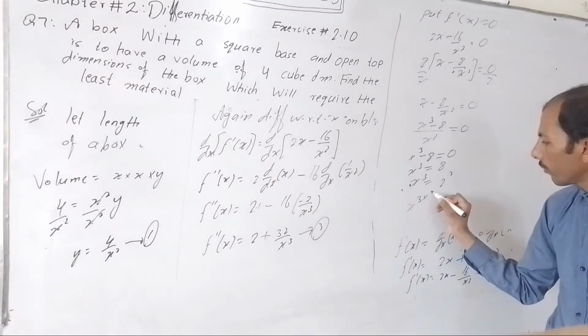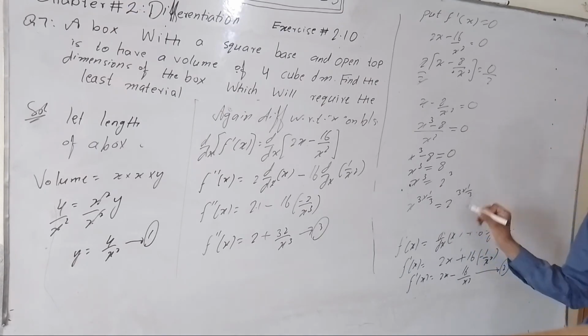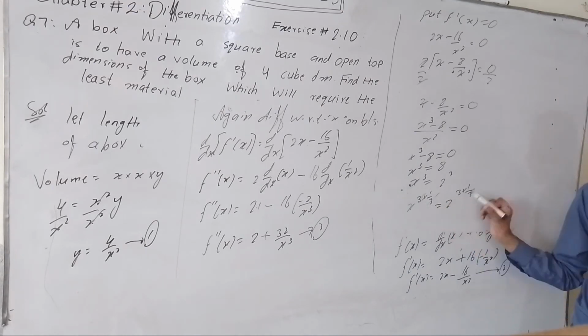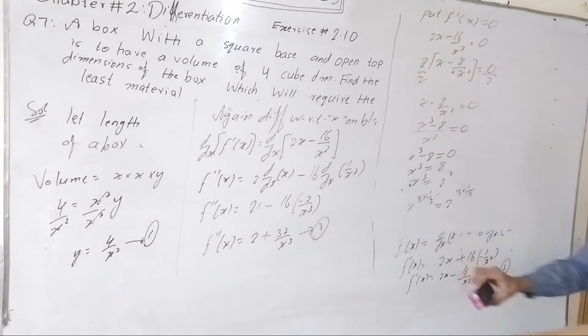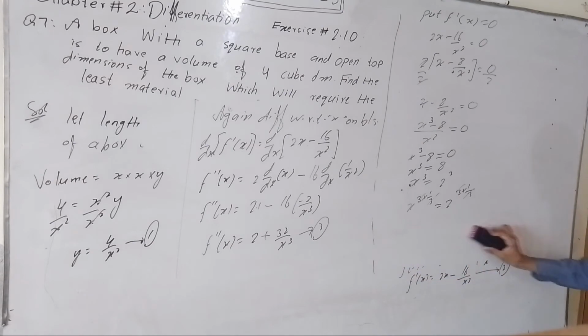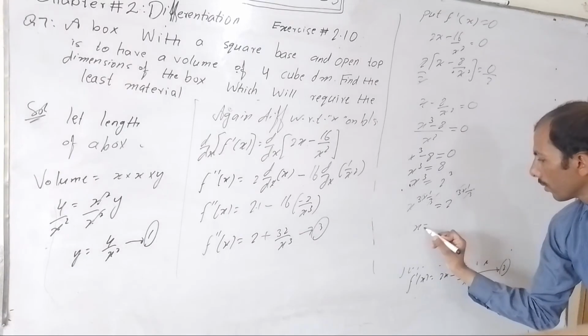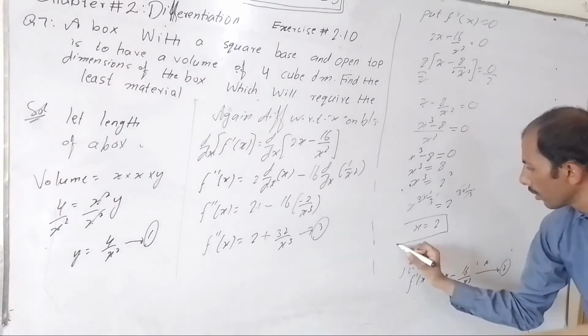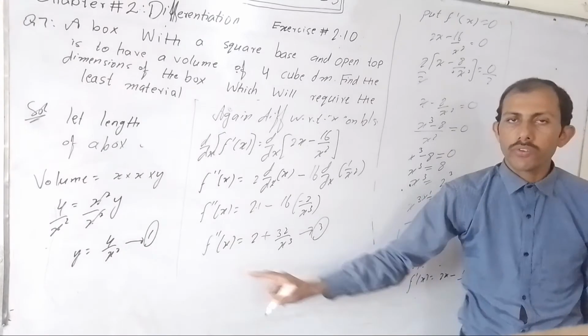Multiplying by 1 over 3 on both sides, 2 power 3 times 1 over 3, the 3s cancel. So x is equal to 2. Put x equal to 2 in f double prime of x.